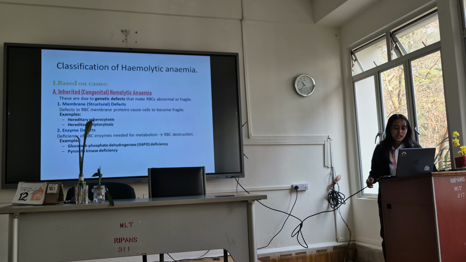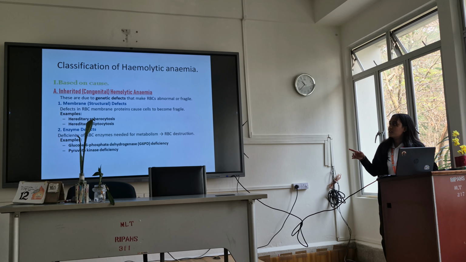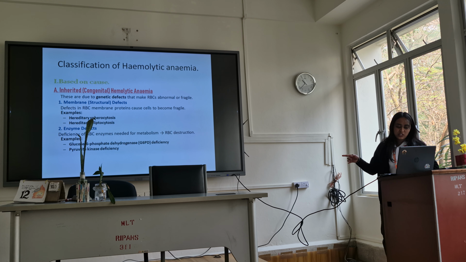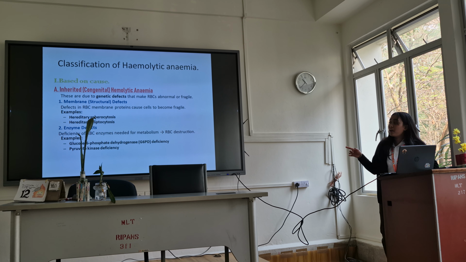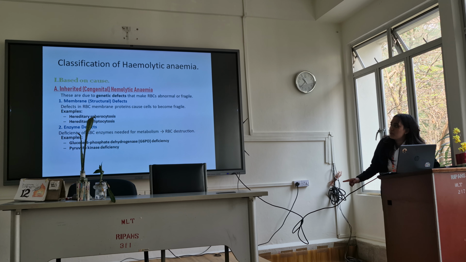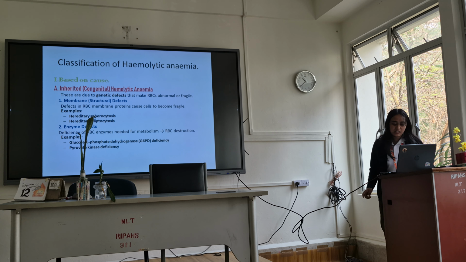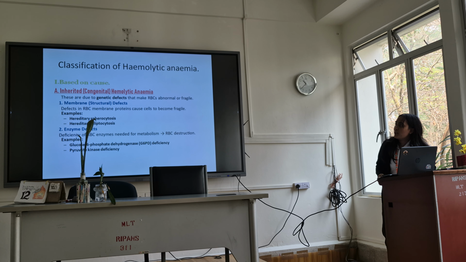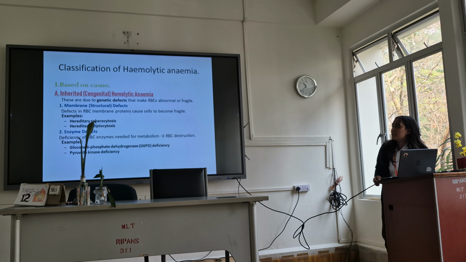Examples of membrane defects are hereditary spherocytosis, in which RBCs become spherical, and hereditary elliptocytosis, in which RBCs become oval or elongated.